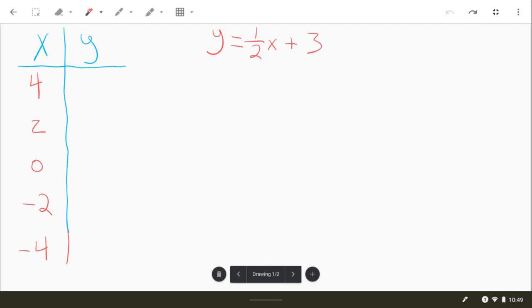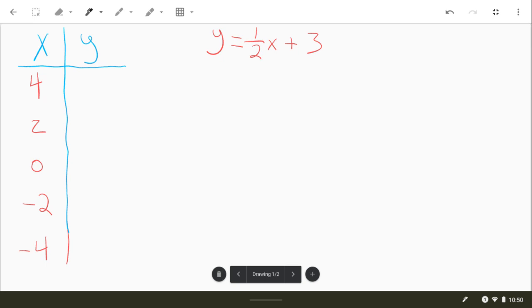I need to choose even numbers, so that way they come out to nice round answers in the end. You're going to be doing simpler ones, like y equals 3x minus 4, that kind of stuff. But I'll probably throw in a fraction or something as well. Okay, let's go ahead and get this one knocked out.